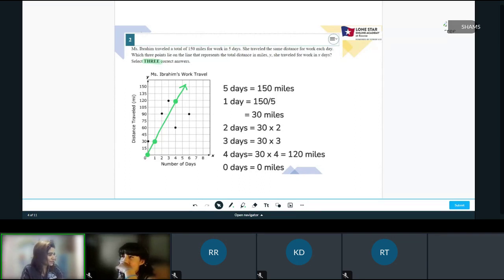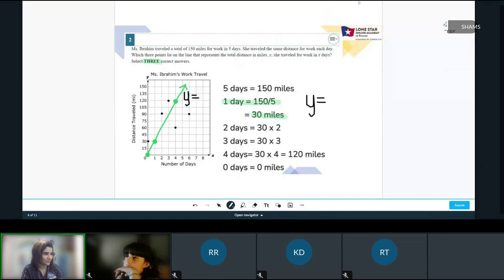Let's also look at the equation. How will the equation look for this case? So you know that in one day she can travel 30 miles. If you want to express that in the equation, y equals, how will you express that? Or if you want to label this graph using the equation, how will you express that?